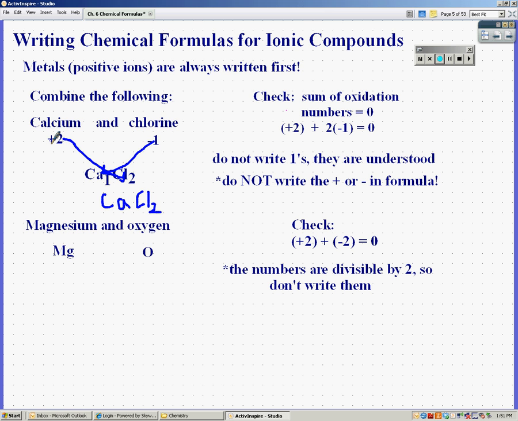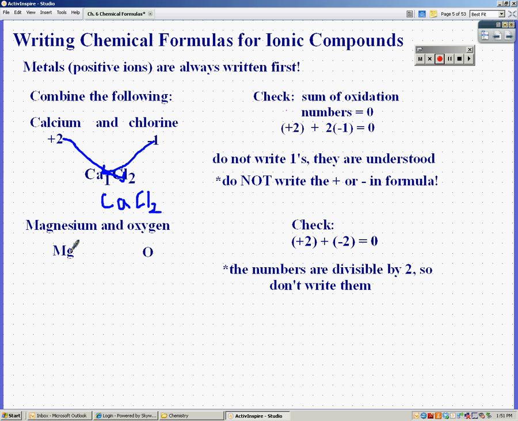You don't carry over the pluses and the minuses. It's just the number. And if you look over here, what that does is make those numbers equal 0. Positive 2 for calcium and negative 1 for chloride, but there's 2 of them, so the overall charge equals 0.